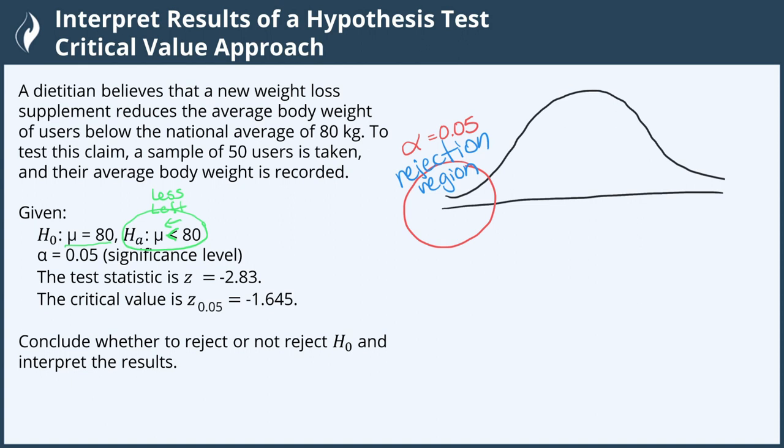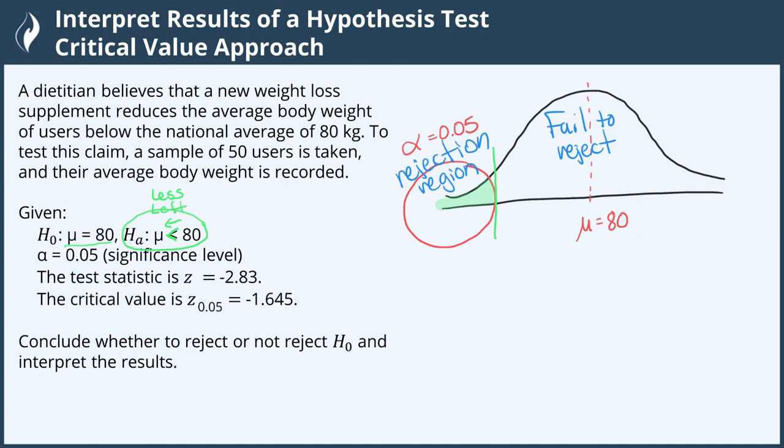And over here by our mu, the average that equals 80, this is our fail to reject region. We were given the critical value for our alpha equaling 0.05, so we didn't have to go look this up, and this is our critical value right here.